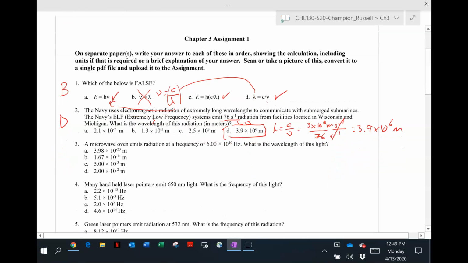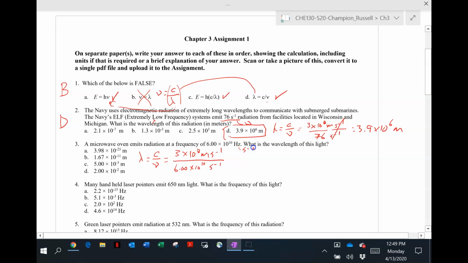Next question, again, it's a frequency going to a wavelength, same kind of problem. I'll write wavelength correctly this time. Wavelength is c over nu. Lambda is c over nu. 3 times 10 to the 8th meters per second, where s minus 1 means per second, divided now by 6.00 times 10 to the 10 hertz, which is the same thing as seconds to the minus 1.